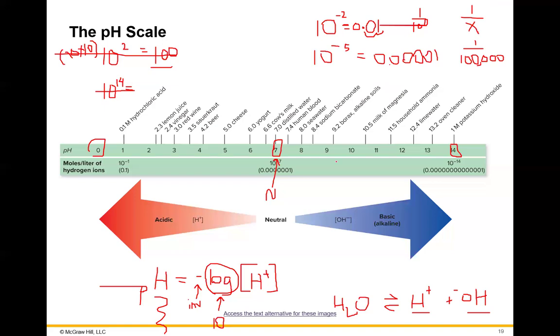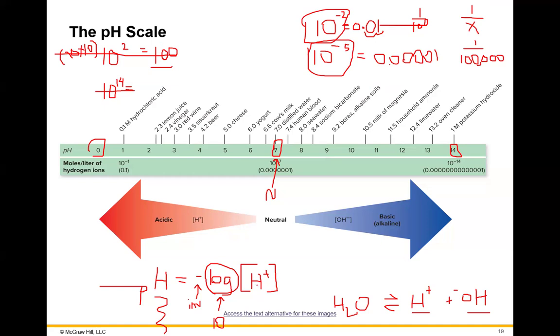Okay, so you guys can now see that 10 to the -2 is a bigger number, easy to look at it now, than 10 to the -5, which is when we talk about pH, you're actually looking at it that way.